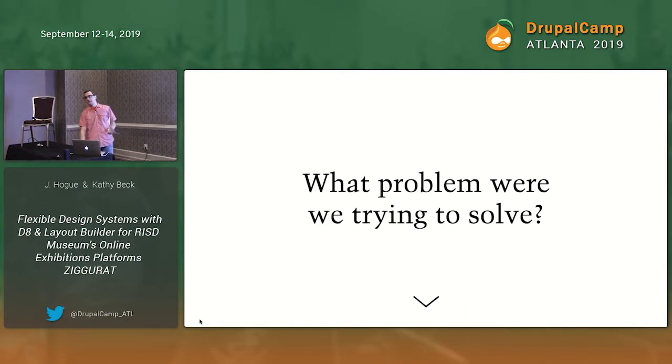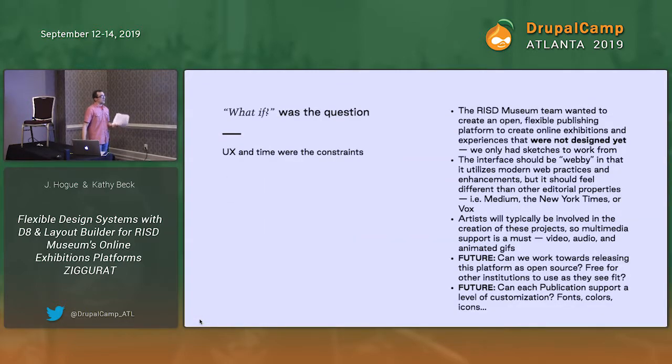To back up a little bit and talk about this project in general, what problem were we trying to solve for the client? And admittedly, they weren't quite sure. When they came to us, they knew they wanted to replicate mostly printed material, printed scholarly publications about exhibitions at the museum.